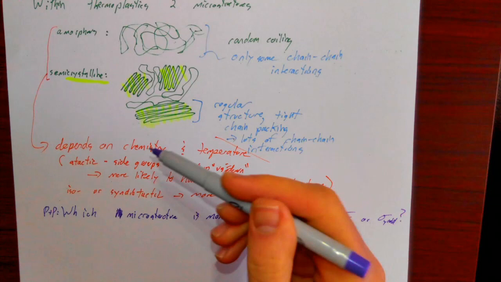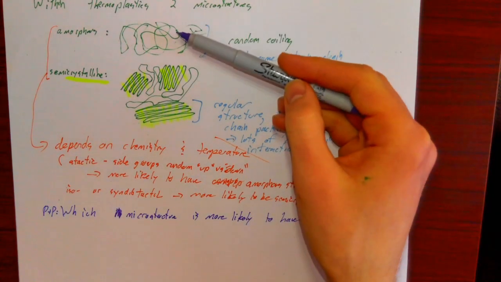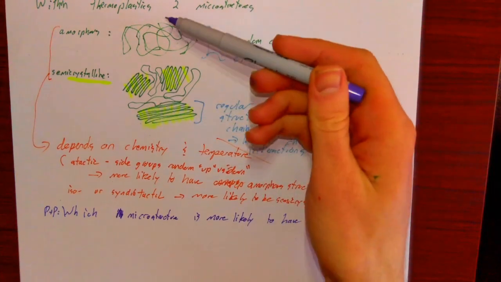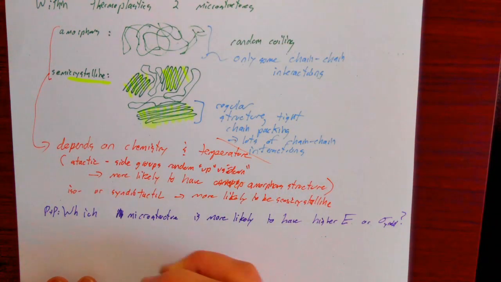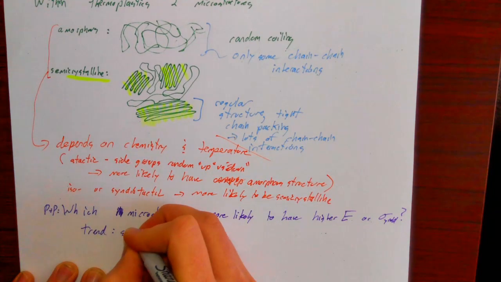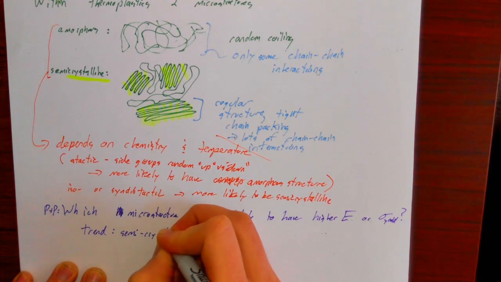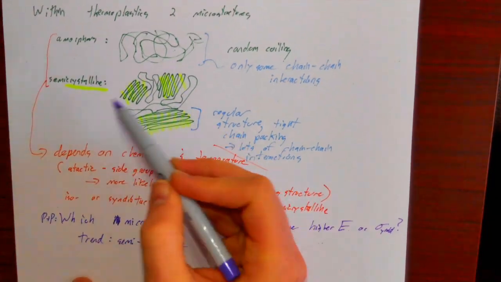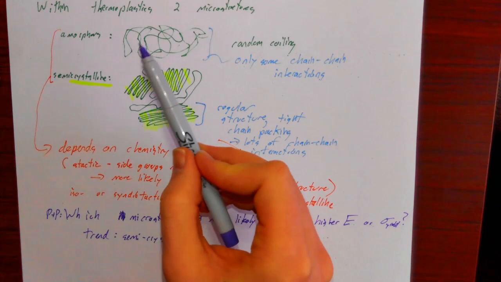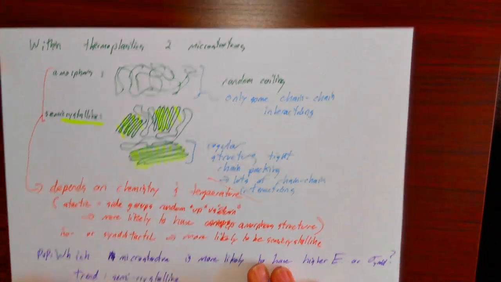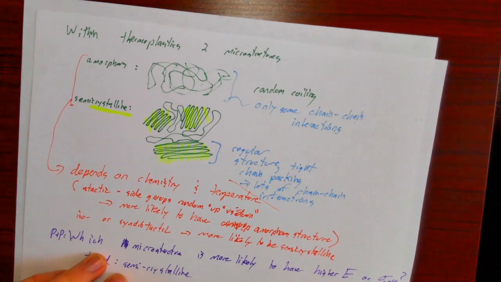Again, we can't be sure, because there are certainly some amorphous polymers that are stronger than some semi-crystalline ones, and some semi-crystalline ones that are stronger than amorphous ones. But the trend would be that semi-crystalline ones would tend to be stiffer and stronger than amorphous ones due to the more numerous chain interactions.